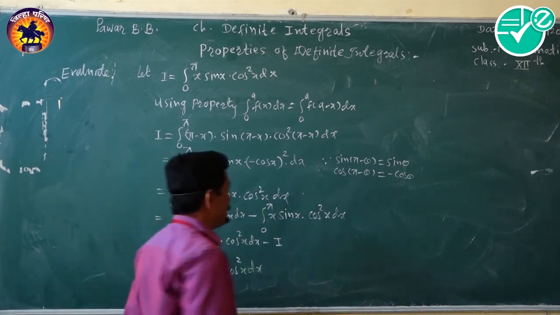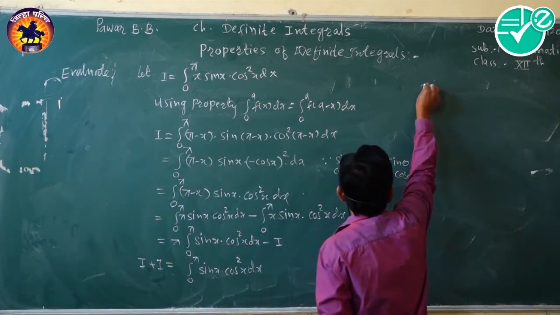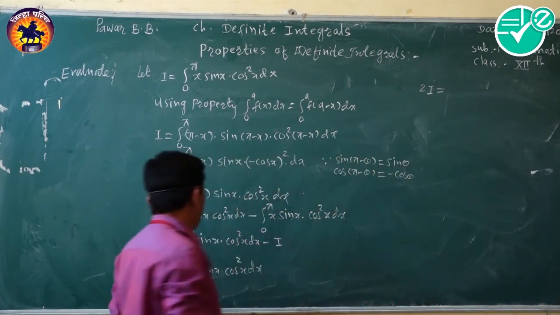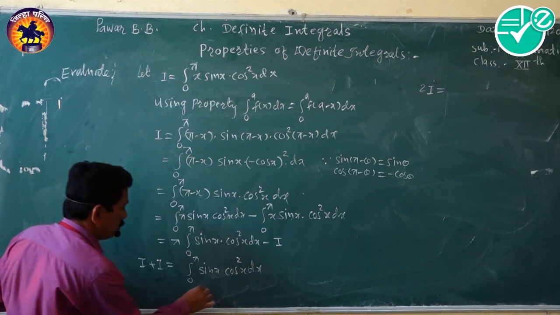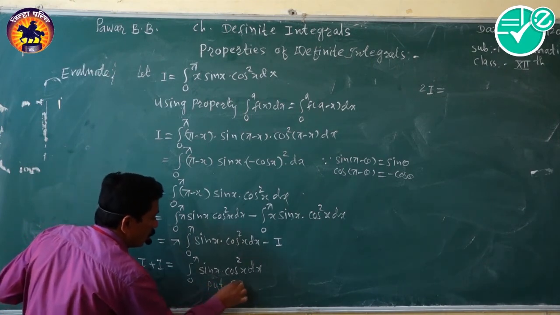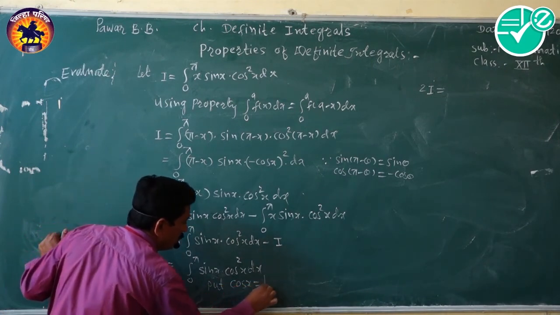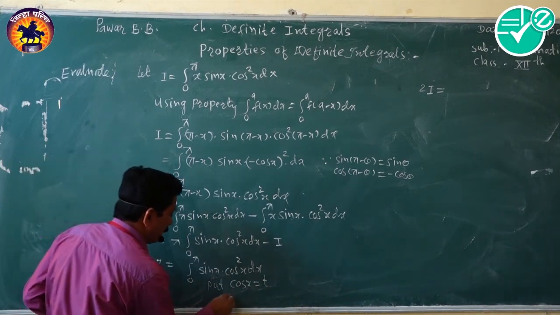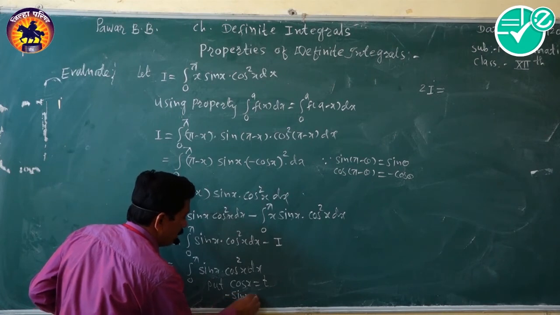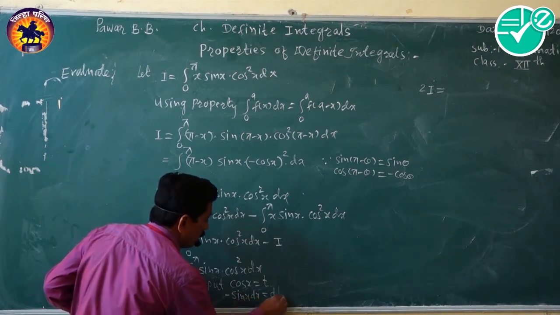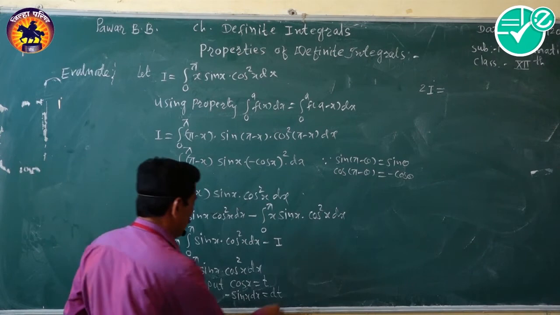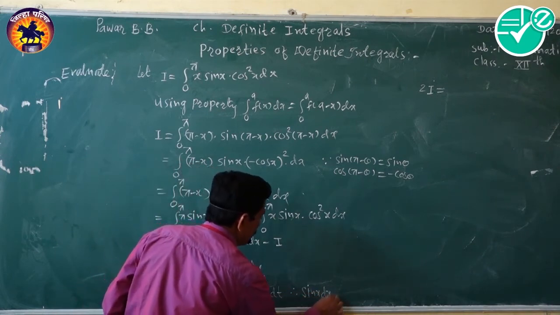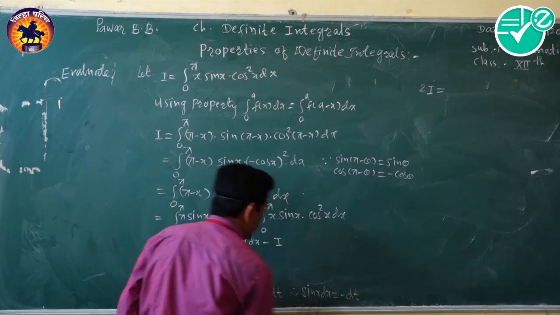Now this I plus I, it is 2I is equal to, now substituting here, put cos x equals t. Differentiating this, minus sin x dx is equal to dt, or we can write sin x dx is equal to minus dt.